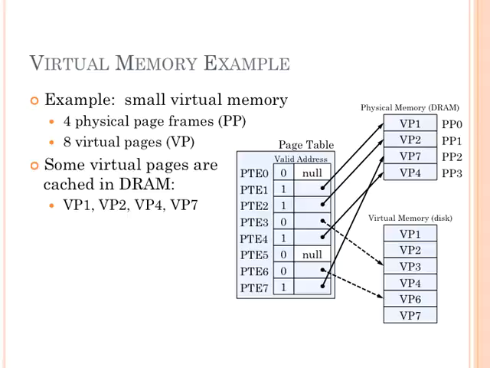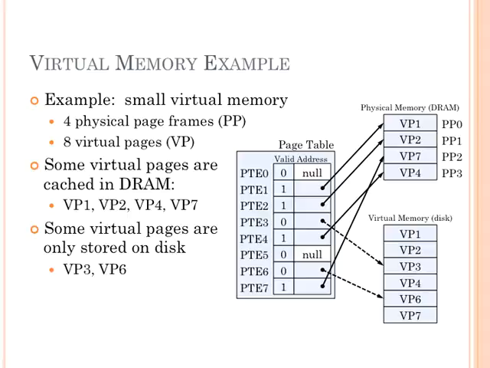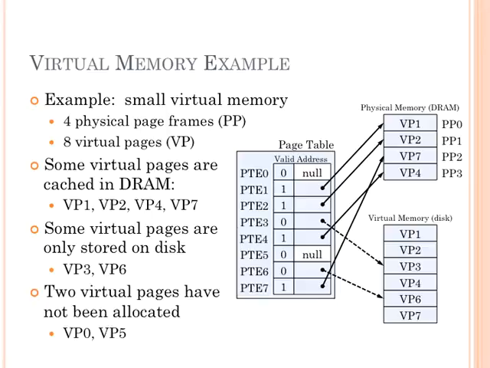Okay, so some virtual pages are cached in DRAM, right now 1, 2, 7, and 4. Some pages are only stored on disk. So 3 and 6, you can see the dotted lines are to pages 3 and 6. And 2 pages are not yet allocated. So in this case, 0 and 5 are not yet allocated.